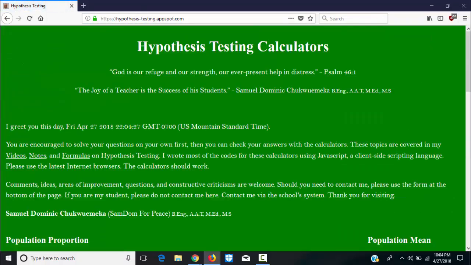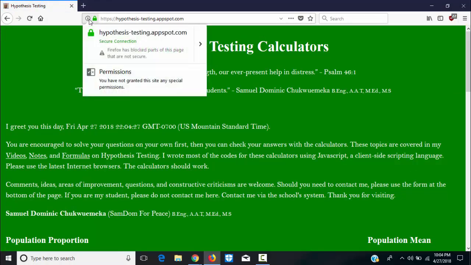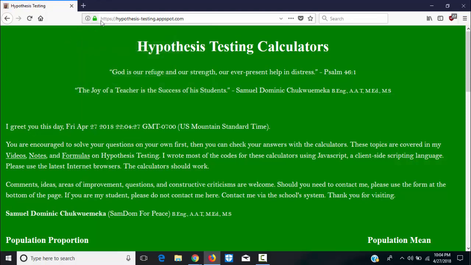That way, whenever you see this green, it is secure. If you click on this now, it says secure connection. So if you want to make it a secure connection, that's fine.